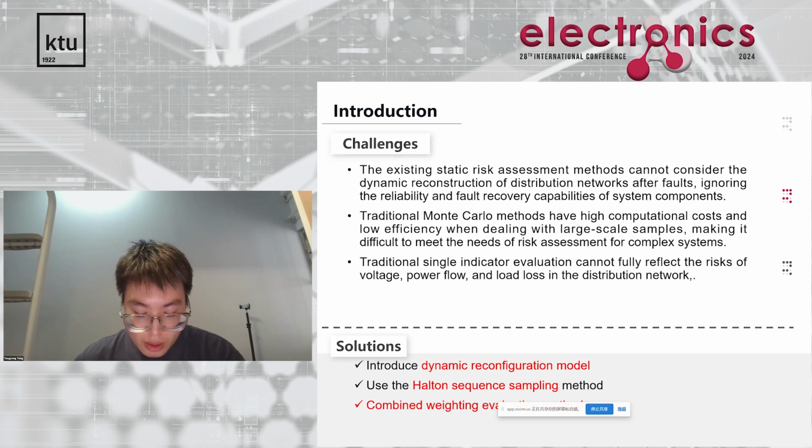Third, traditional single indicator evaluation cannot fully reflect the risks of voltage, power flow, and load loss in the distribution network.